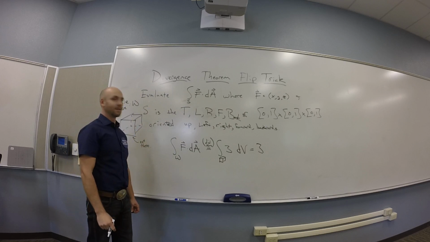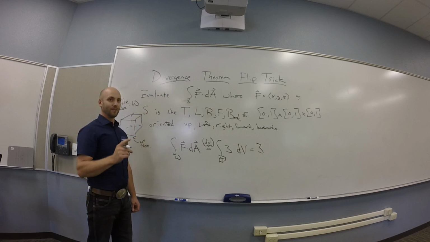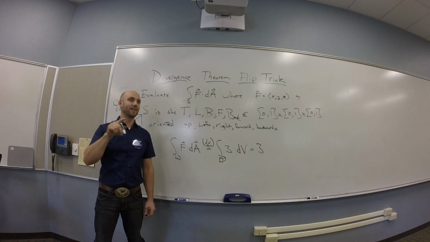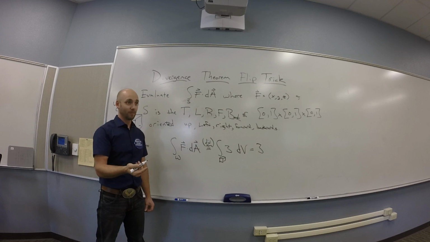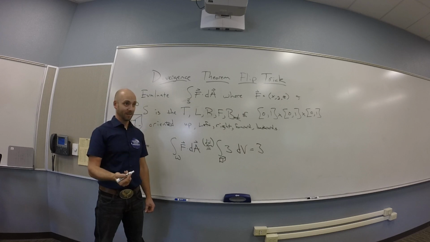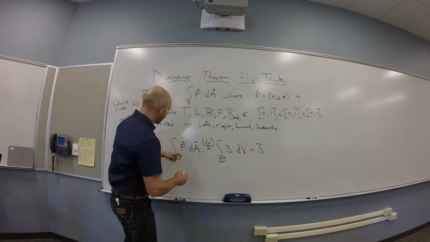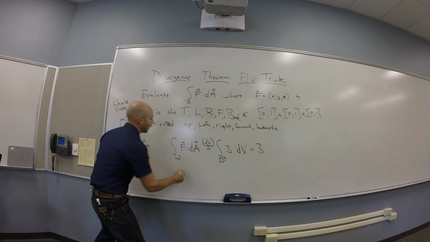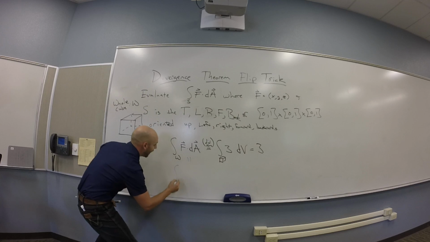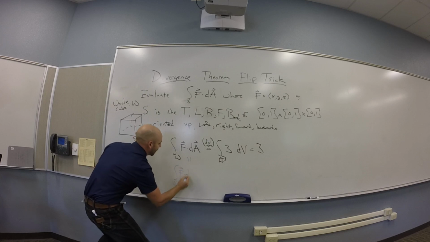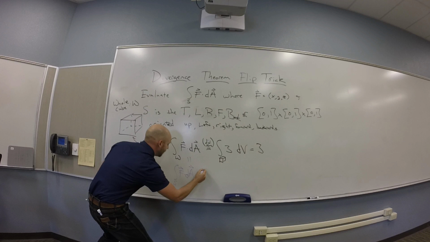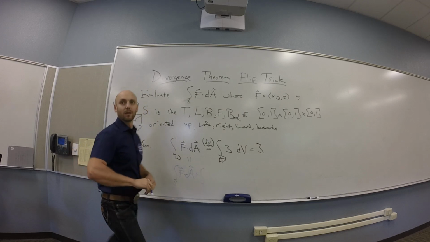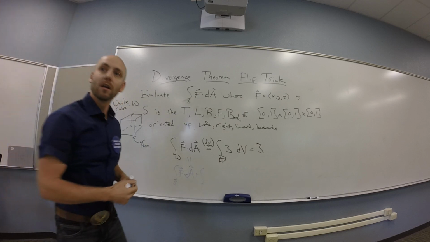No. It's 3 minus the flux through the face you were missing, right? So the integral over W should be the integral over S of f dotted with dA plus the integral over, what was I missing? Yeah, the bottom, of f dotted with dA.